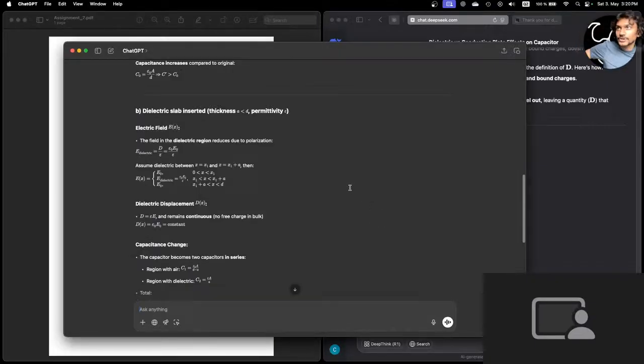Okay, so the first case, there's no dielectric. It's just conductors. So it's just free charge.